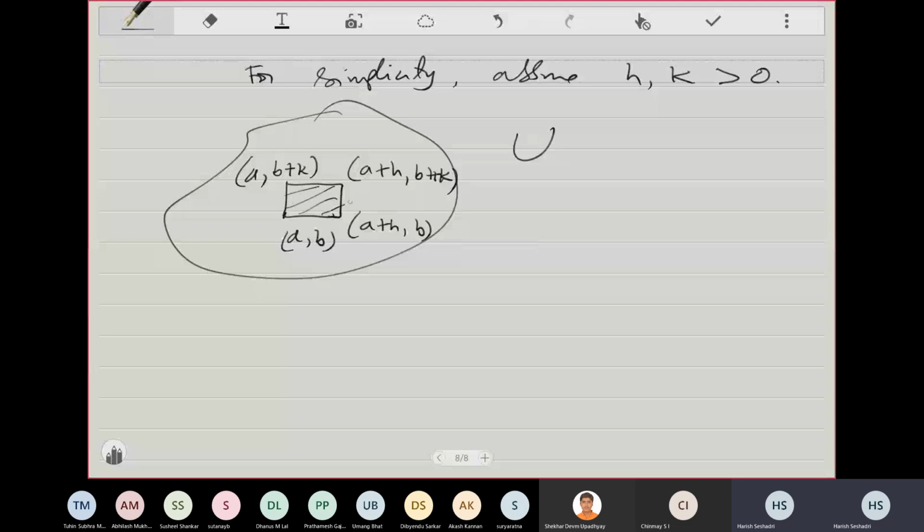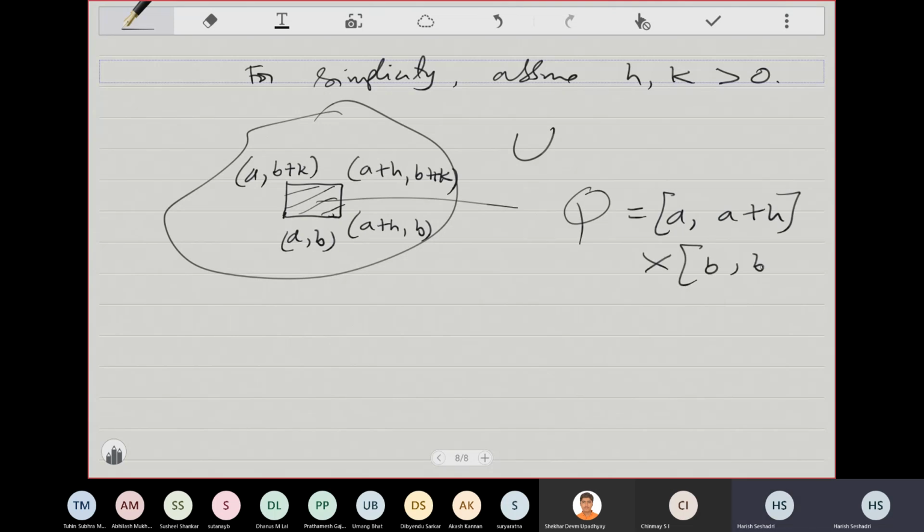This rectangle is Q. As a Cartesian product, it is just [a, a+h] cross [b, b+k].